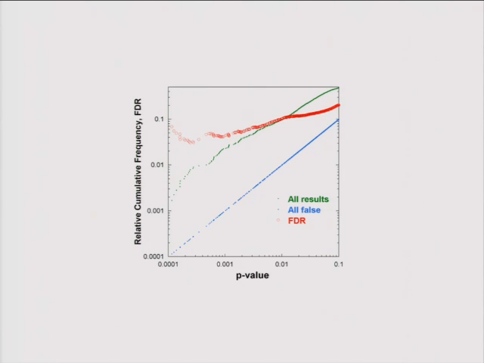And this graph shows it for the same simulation as previously, but using the p-value scoring. So this is the 80% background data, and the green line is the distribution of p-values for all the results, and the blue line is the uniform distribution, and the red dots is the FDR computed in this fashion.